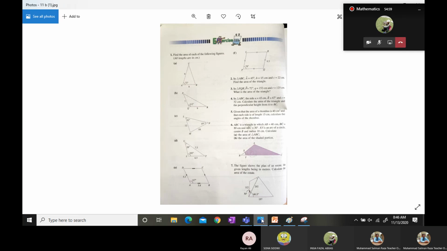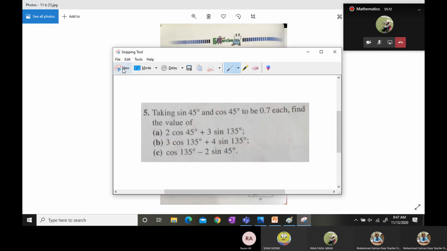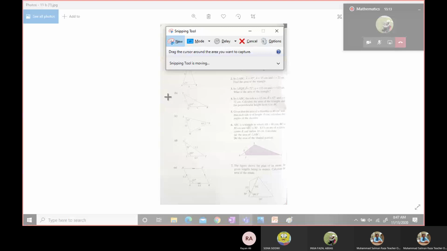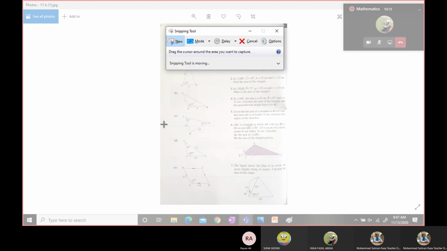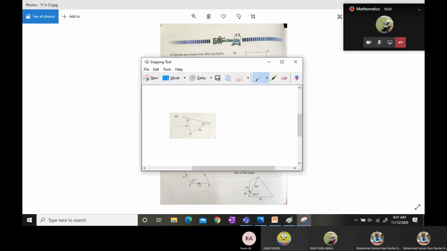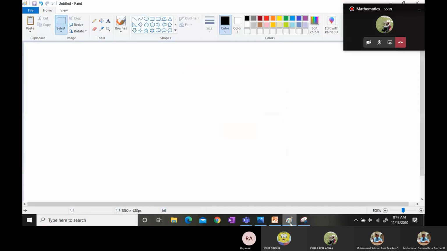For that, we are going to take a question from the exercise, and then we are going to find out the area of that particular figure. You will see how to find out the area of such figures.